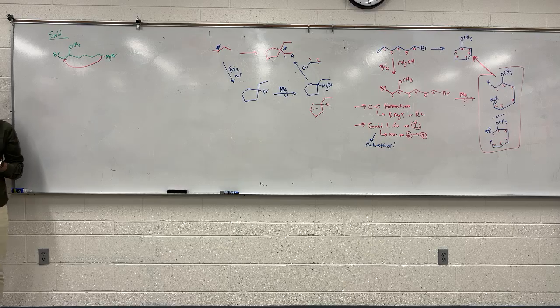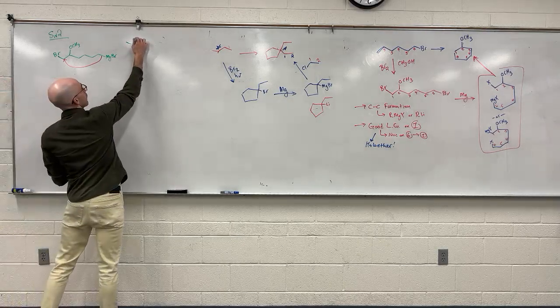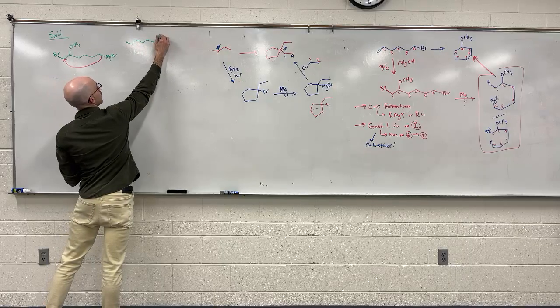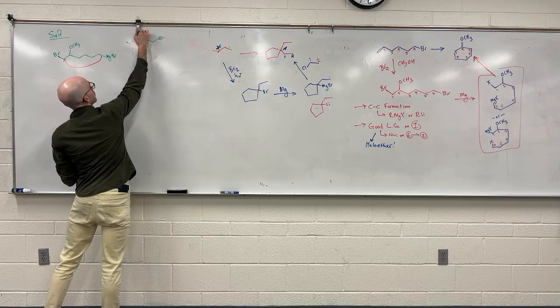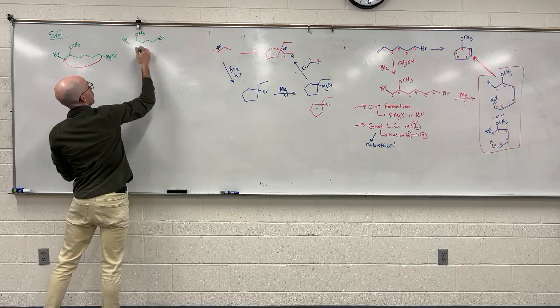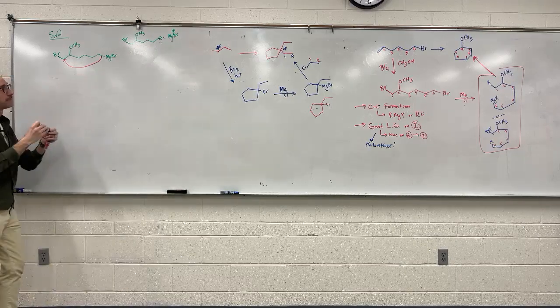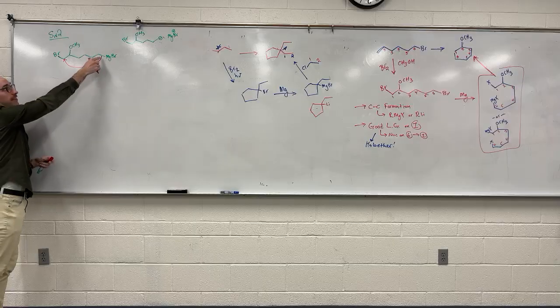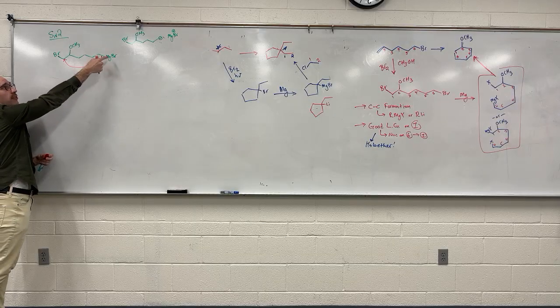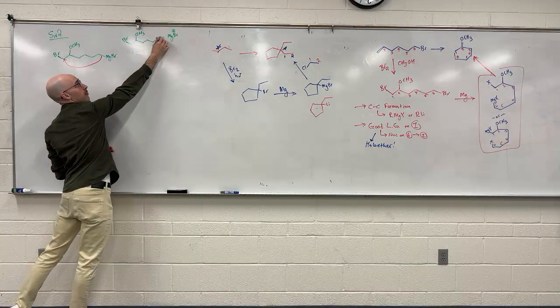If you don't like how that looks, remember that this is essentially equivalent to this. Although I'm not sure why you'd like how that looks better. Those 2 electrons are essentially just a lone pair on carbon.